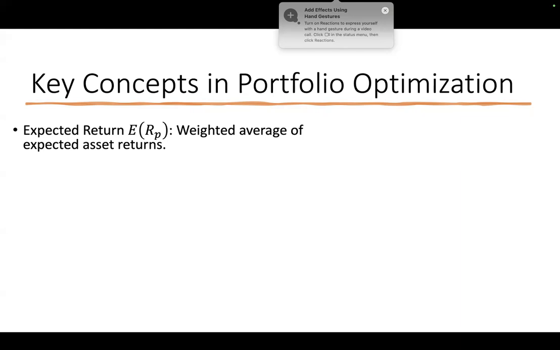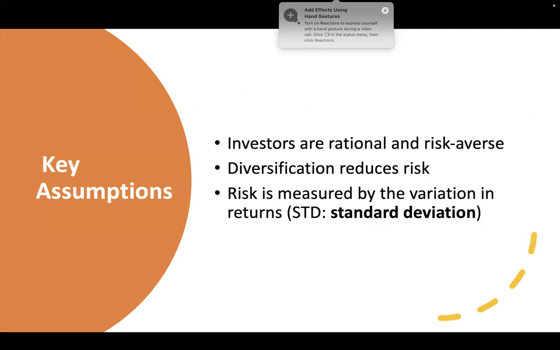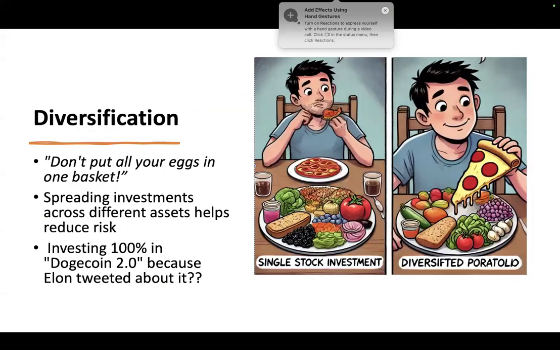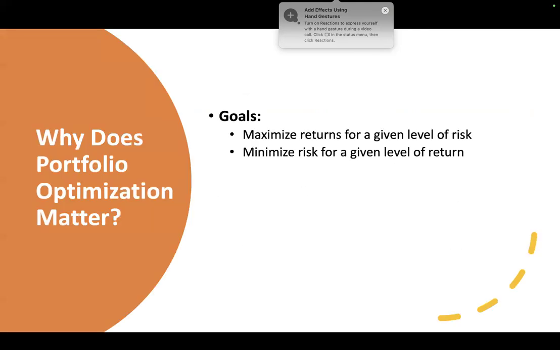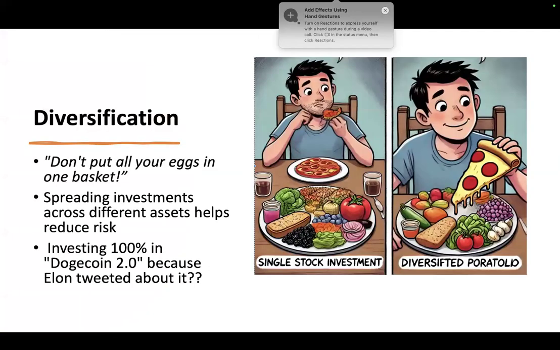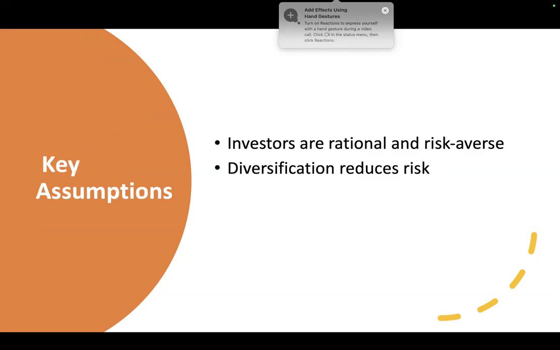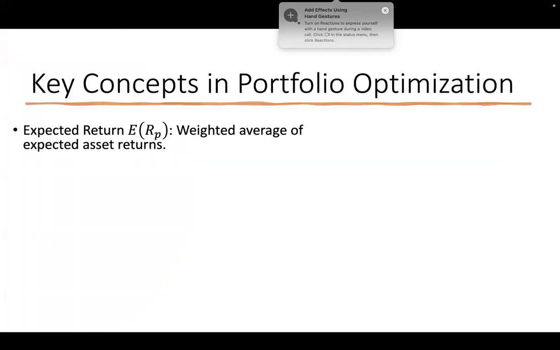One thing that we talked about was return and risk for one specific stock. And another thing that's the topic of this is risk and return for the whole portfolio. So when I say ERP, it's expected return for portfolio.